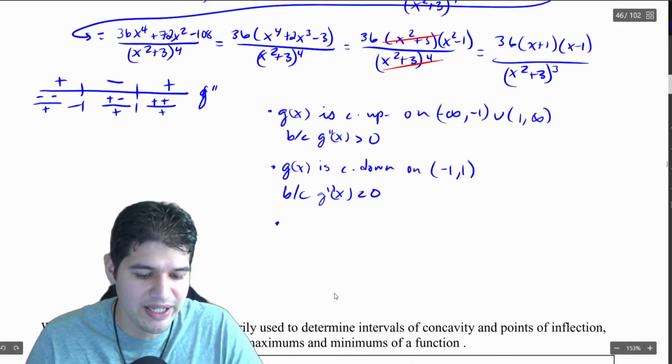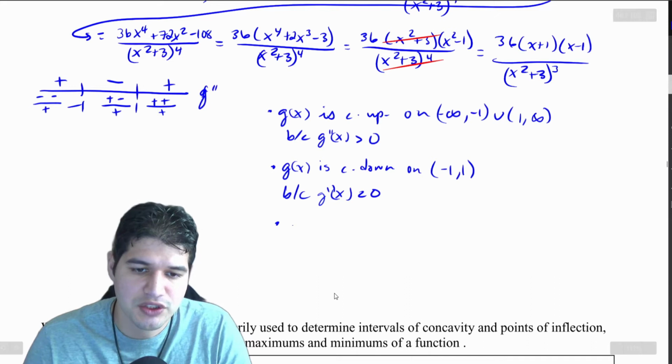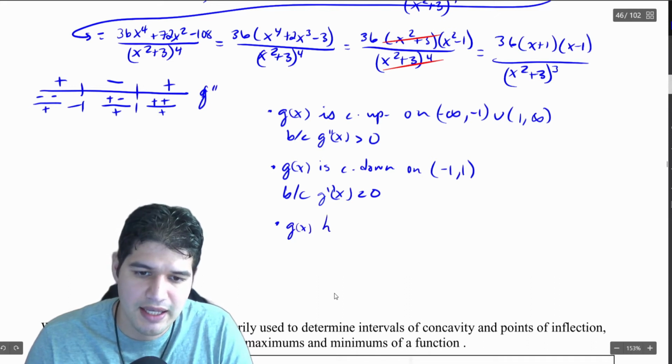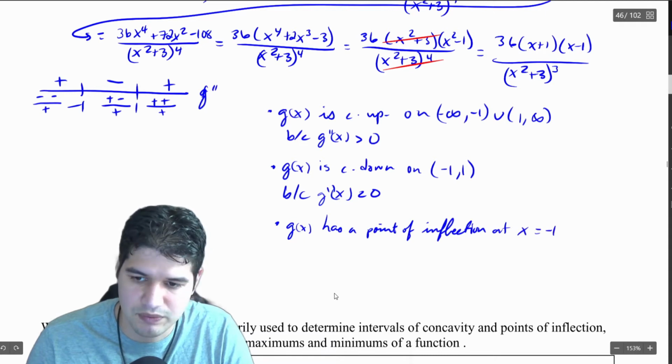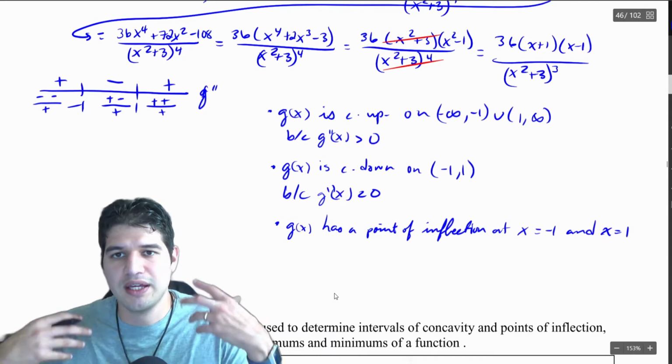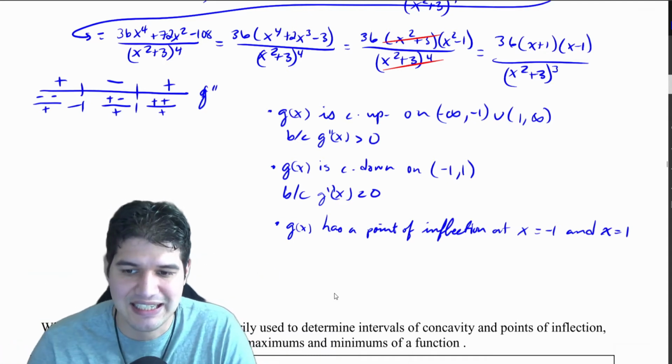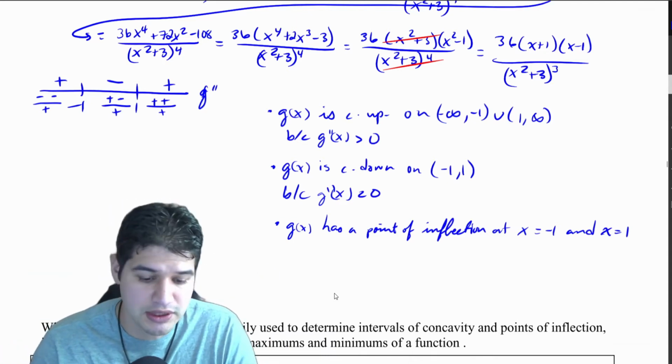And then finally, we have points of inflection. So we're going to say g of x has a point of inflection at x equals negative 1 and x equals positive 1. We know that points of inflection exist when those x values are true.